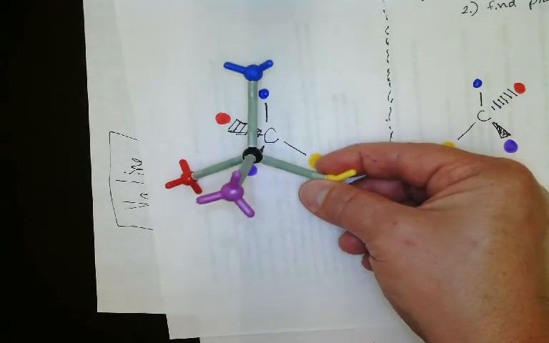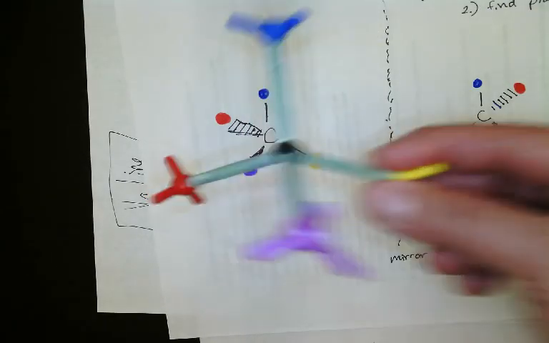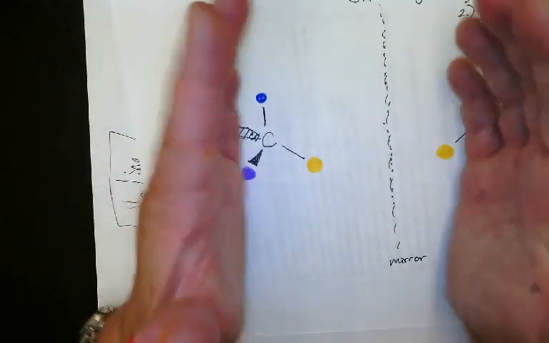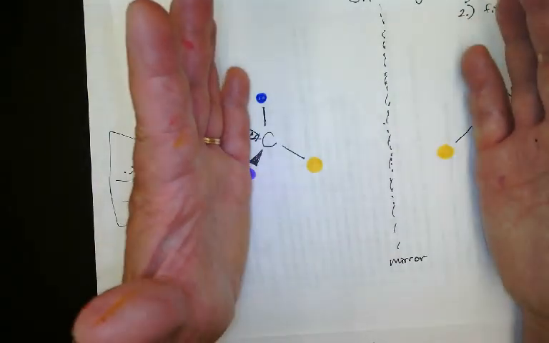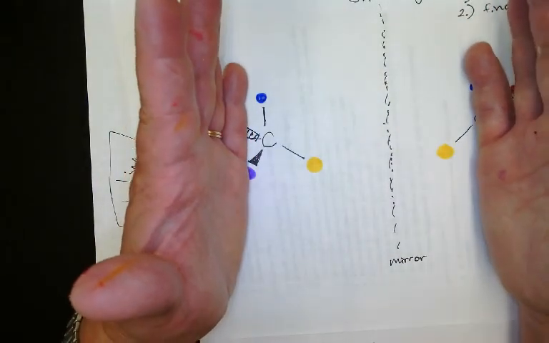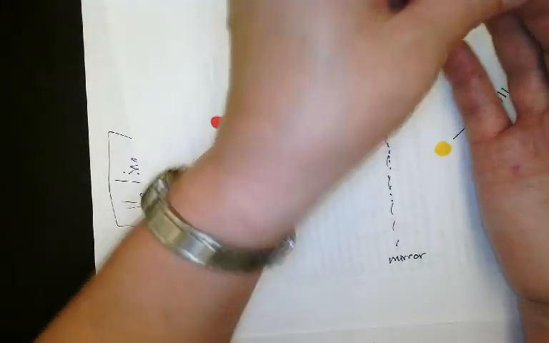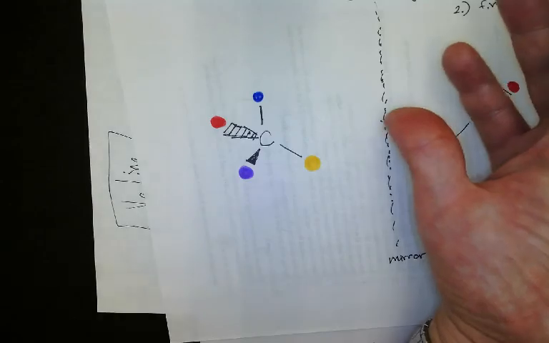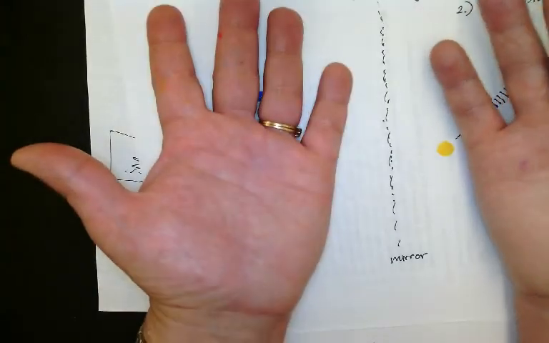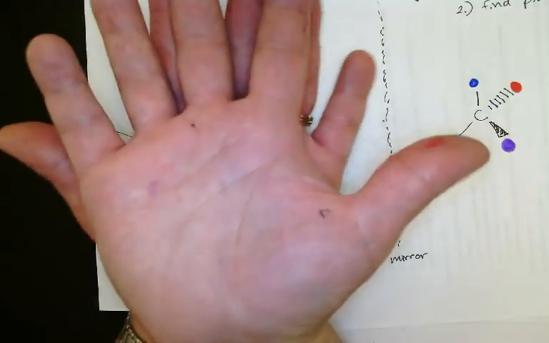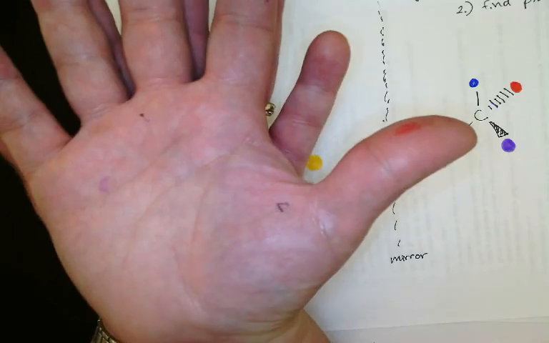So if I take this and I put it on top of the image in a mirror, you cannot superimpose them. Your hands are chiral. Look at my hands. Mirror image of my hand is my other hand. If I take and put this hand exactly on top of this hand, and I superimpose it, they're not the same. My hands are chiral.